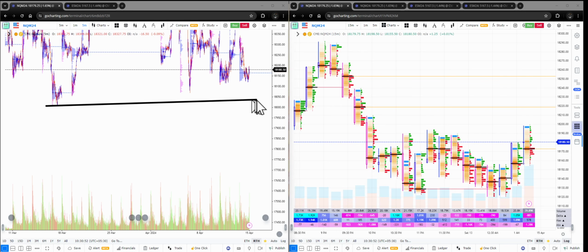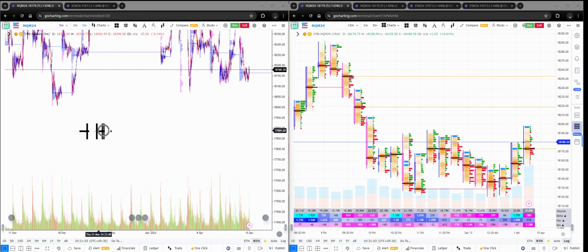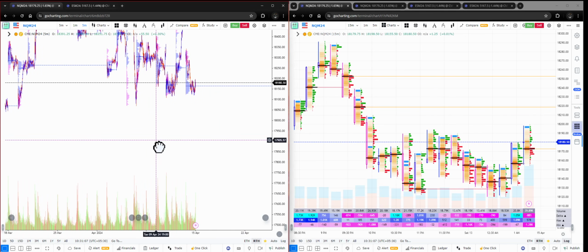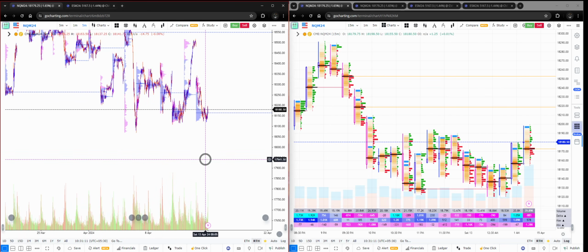But for that as well, 18,100 to 18,000 is a very significant zone that we need to break. If the environment is bearish and we start holding off these zones as well, let's say on Monday, again it's not a bearish environment, so we have to play it out when we see what happens on Monday.